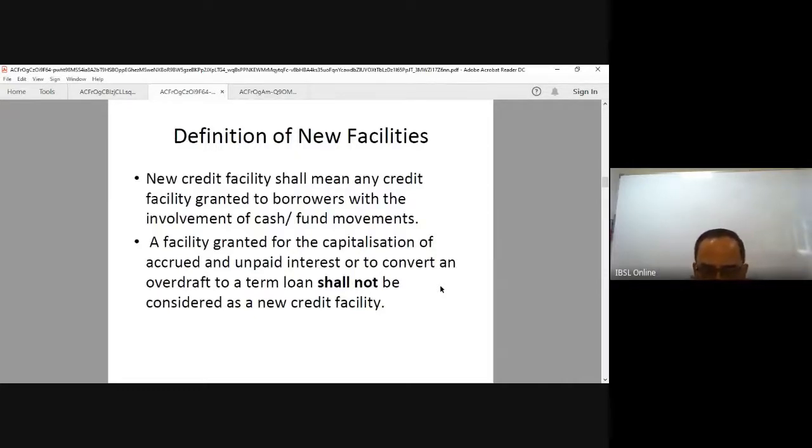The central bank is very particular about what kind of loans you will call a new facility. You don't call a new facility one which has been restructured, right? Or where you grant a loan to settle another loan, where the customer doesn't bring in good value funds, but you grant another loan and then settle that. Those are not new loans, right?